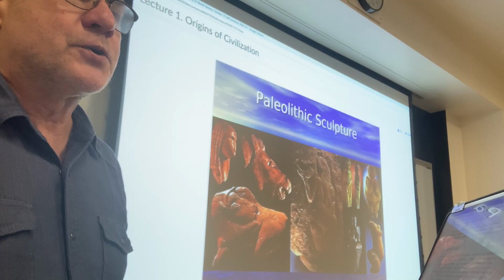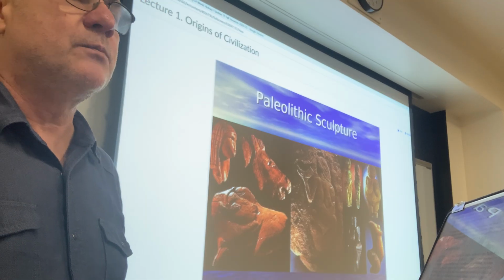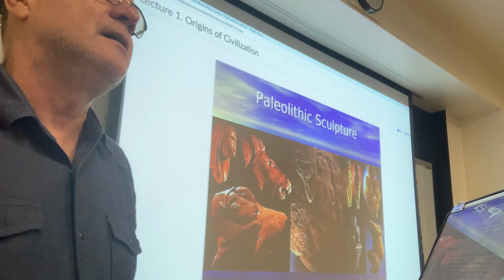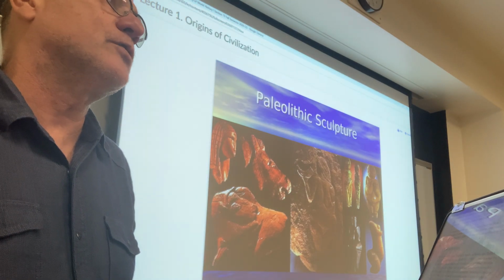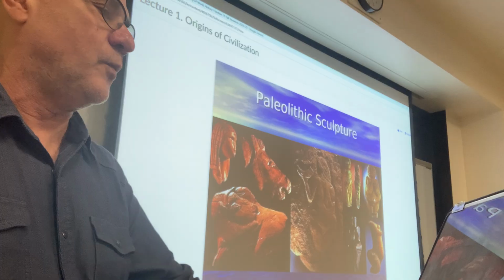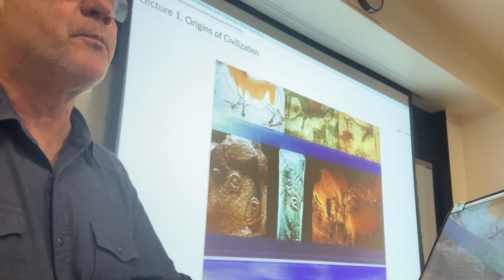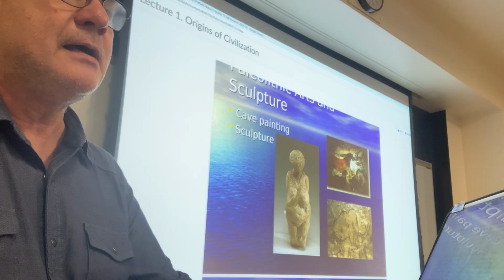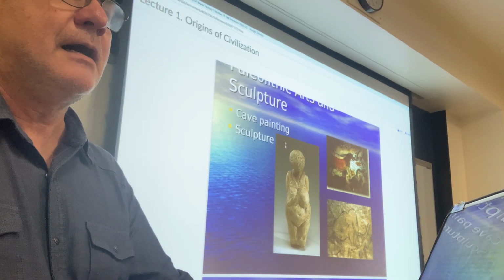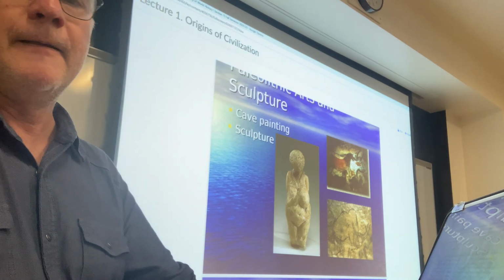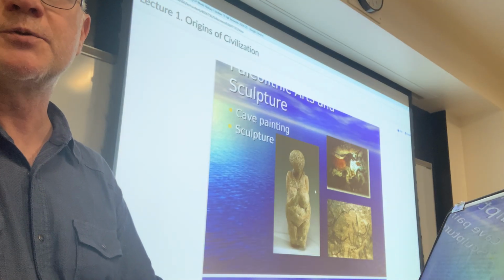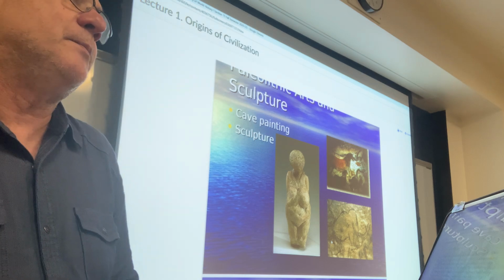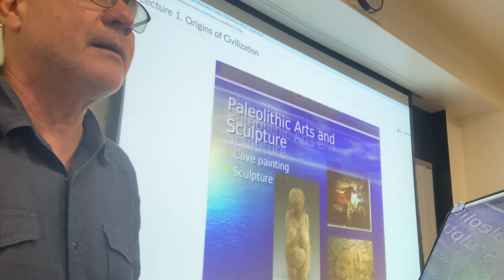Paleolithic sculpture. Scholars also believe that some of the sculpture perhaps had certain meaning or served certain purposes. Like this might be a goddess associated with fertility, which people were in fact concerned about.